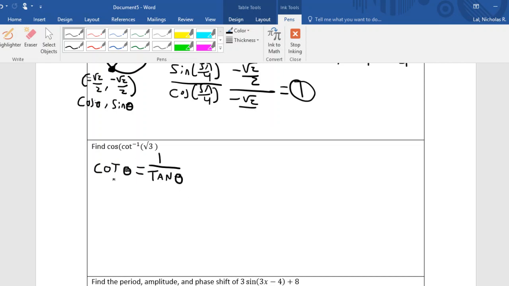So regarding the inverse cotangent, okay? The inverse cotangent of a value is equal to the inverse tangent of 1 over that value.